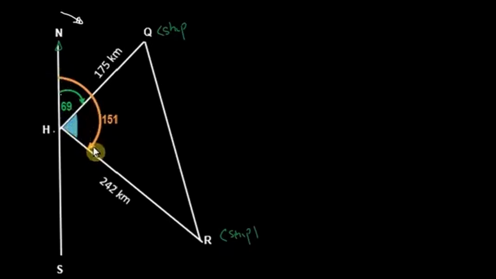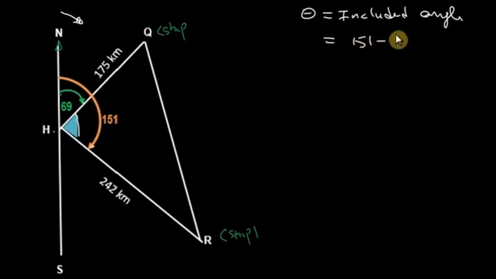Because the bearing of R is 151 and the bearing of Q is 69, this internal angle here, let's call it theta, that's the included angle, is simply equal to 151 minus 69, and that is equal to 82 degrees. So we could stick that in there real quickly. So this angle is 82 degrees.